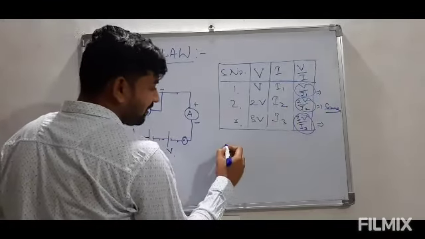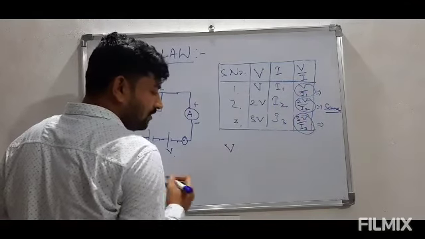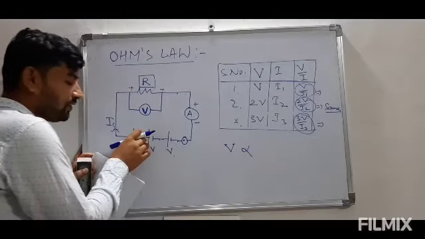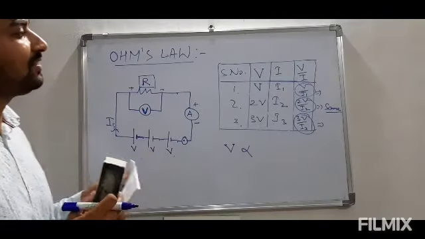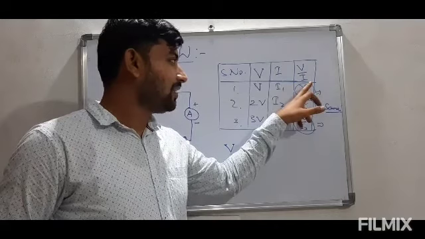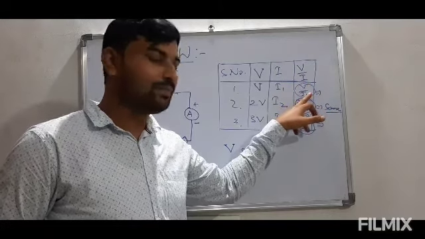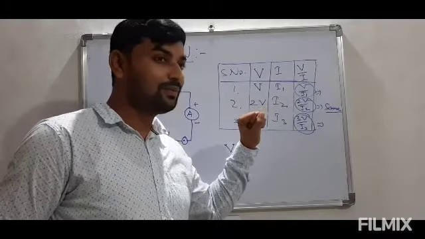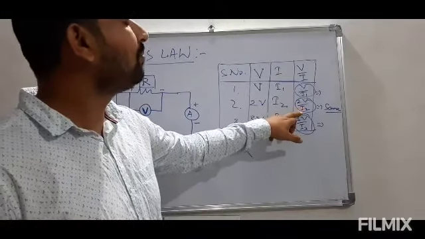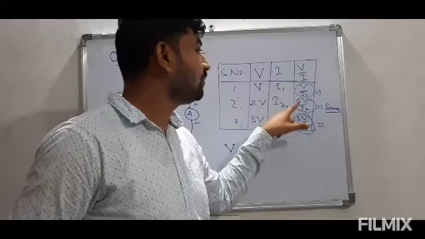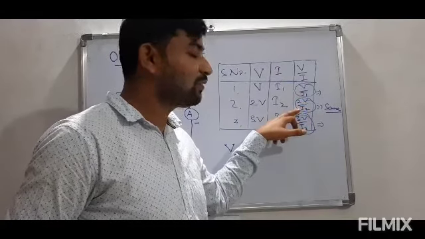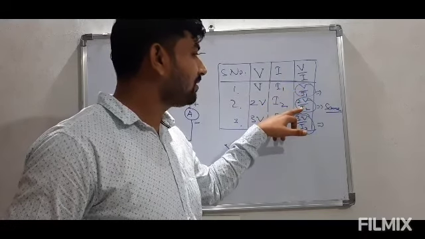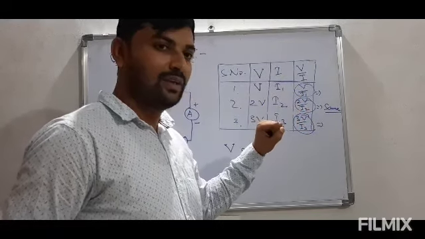Whenever he changed the value of potential difference, there was a change in current. Earlier it was V upon I1; when he doubled the potential difference, the equal change in current will be seen, so I2 will be simply 2I1.